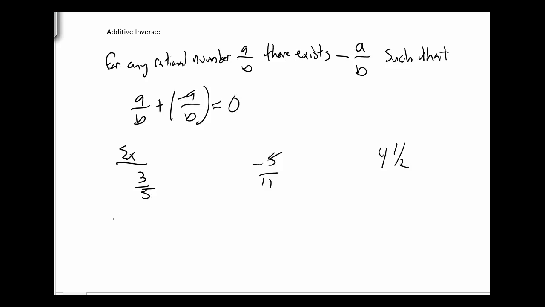Well, the opposite of 3/5 would be negative 3/5. The opposite of negative 5/11 would be positive 5/11. And the opposite of 4.5 would be negative 4.5, or I want to remind students that there are improper forms of all these things. So negative 9/2 would also be the same as the negative 4.5.